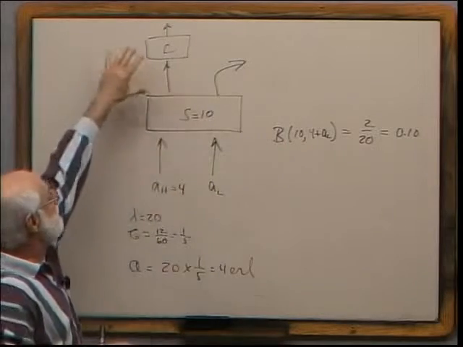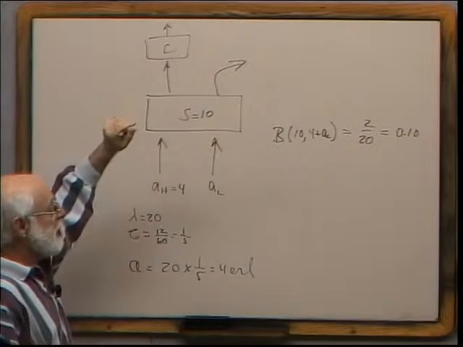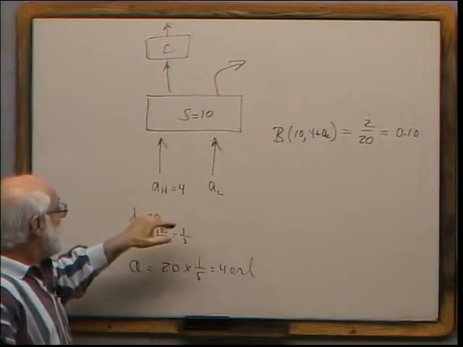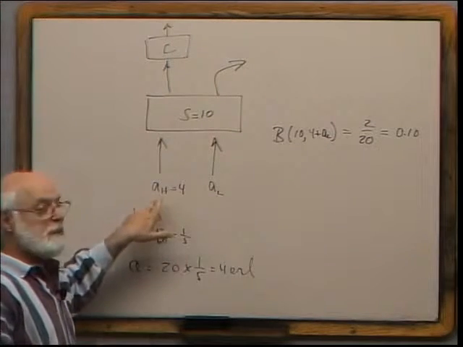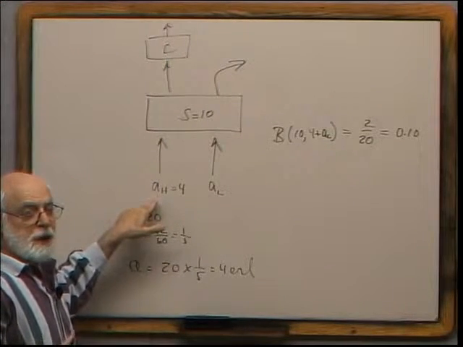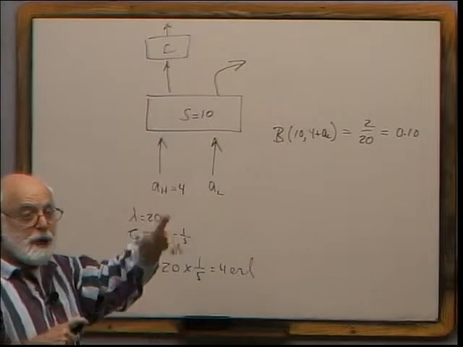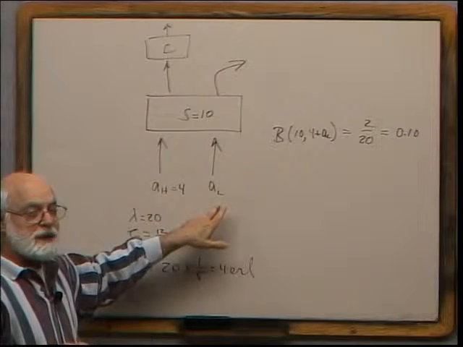Okay, so the C is out of there, but I'm going to argue that it doesn't really make sense because it's not necessarily true that the service times here are the same as the service times here. I'm just saying that I have Poisson streams because they occur at random, but I'm not going to require that whatever population this is and whatever population this is have the same service time distribution functions.